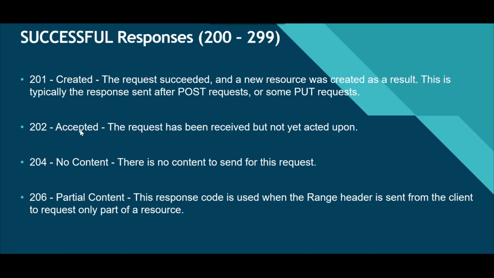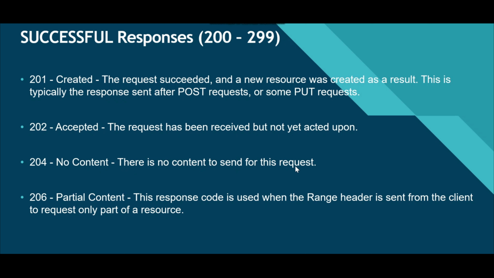202 response code is accepted. That means the request has been received but not yet acted upon. Next response code is 204, that is no content. What that means is there is no content to send for this request.